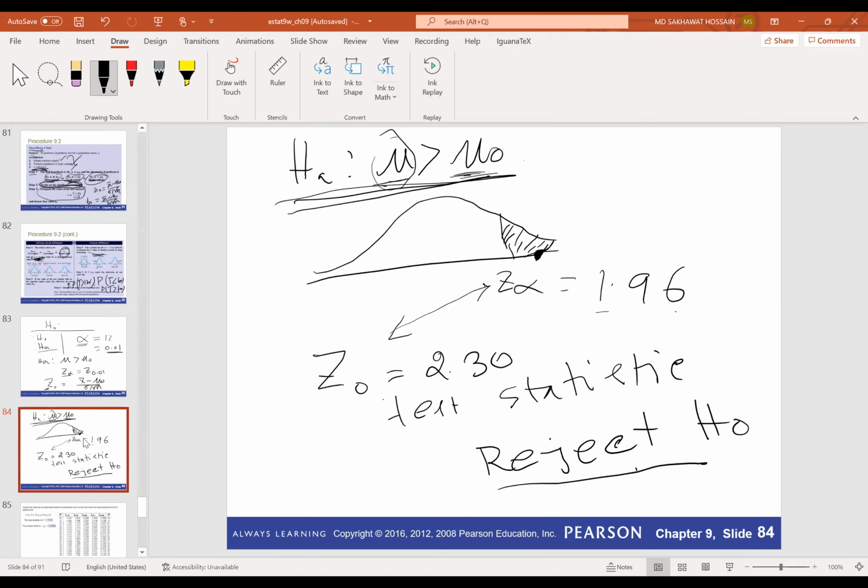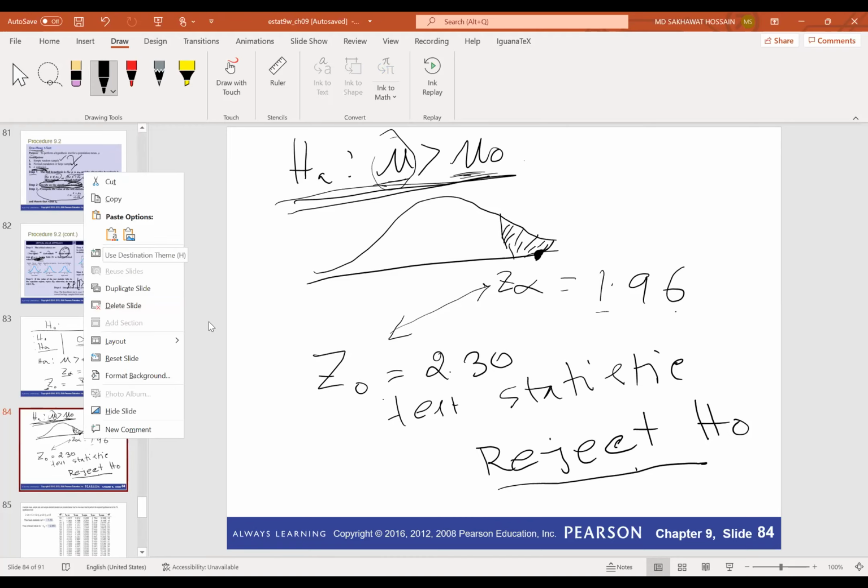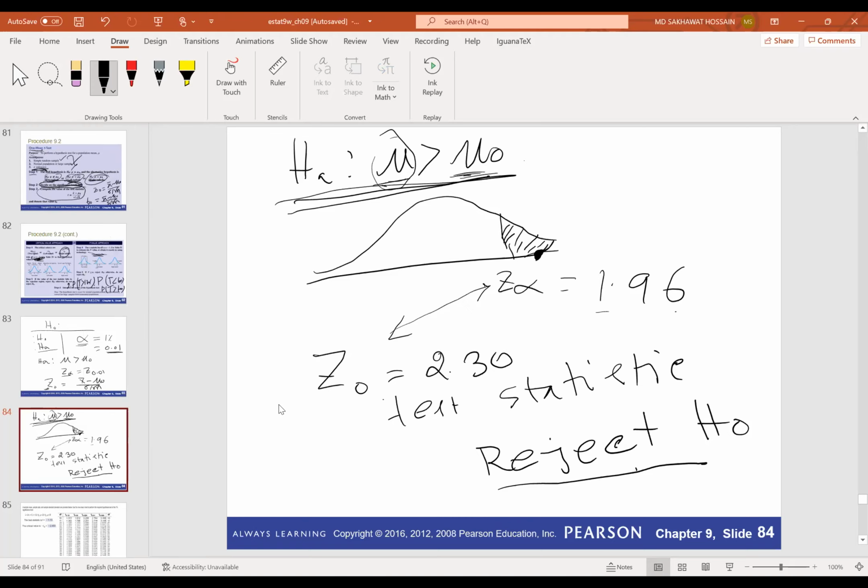And for the p-value approach, okay, for example, instead of this test statistic, if you have z observed is 1.2 or negative 1.2, whatever it is, then where is 1.2? 1.2 is somewhere here, right? Because this one is 1.96. So that means the test statistic is outside the rejection region.